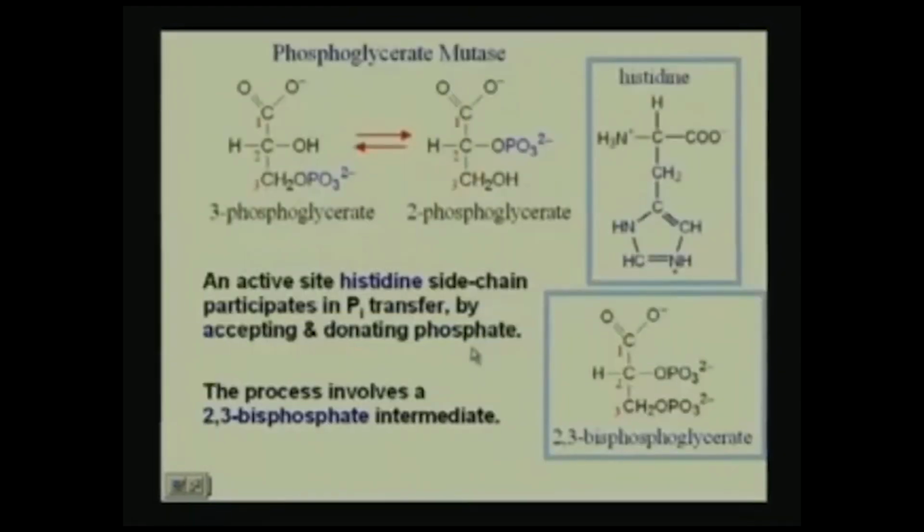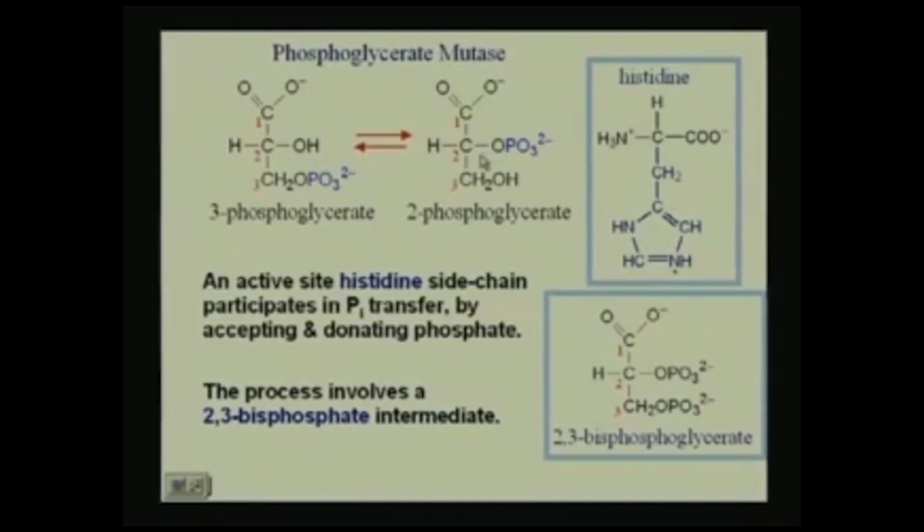Now in this case, from 3-phosphoglycerate to 2-phosphoglycerate, the enzyme phosphoglycerate mutase has a histidine. And this histidine is present again where? In the active site of the enzyme. What it does is help in the phosphate transfer by accepting the phosphate and then donating it again. So the histidine accepts the phosphate from 3-phosphoglycerate and then donates it back, but to the second carbon atom.